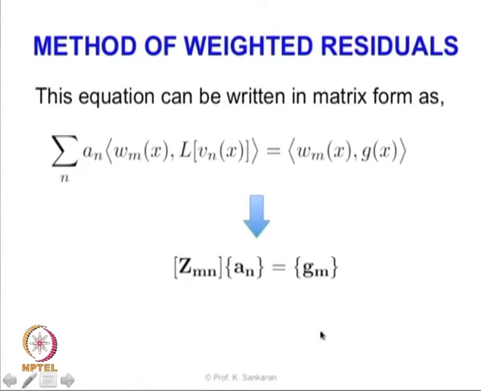What we have got here is a of n, which is a vector coming from here, and z of mn, which is nothing but this particular inner product term, a matrix of size m comma n, because it has m and n here, and then the right hand side, which is again a vector purely dependent on m.